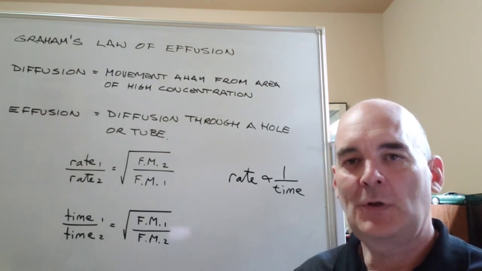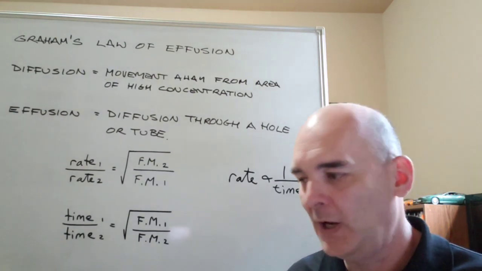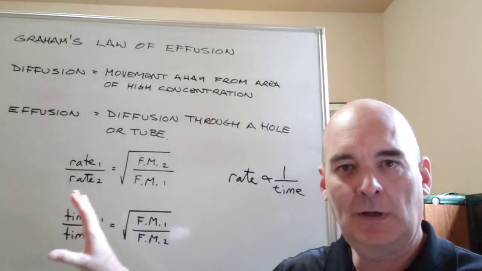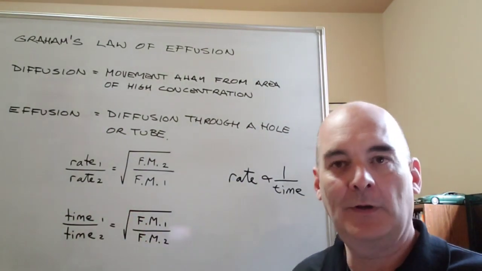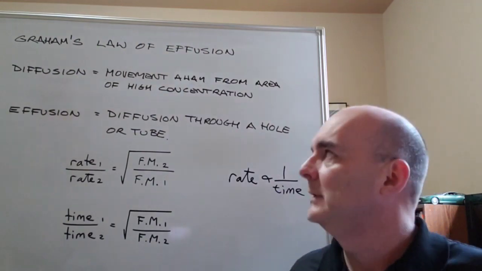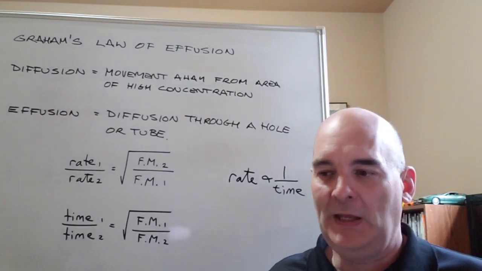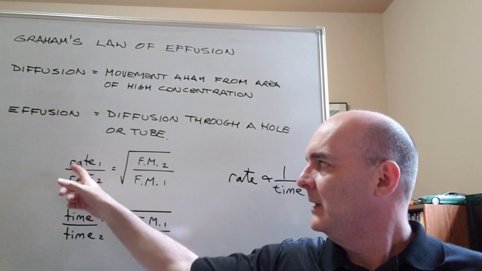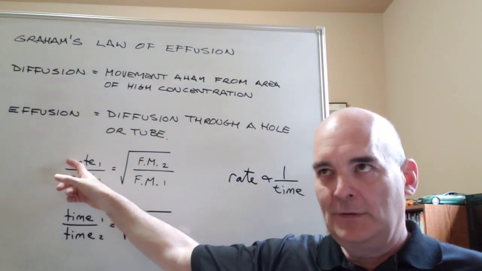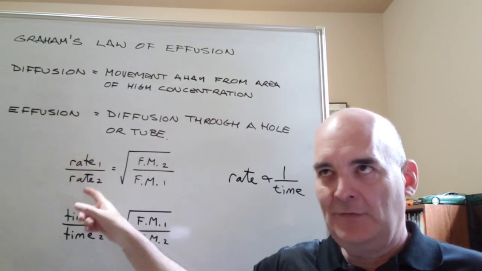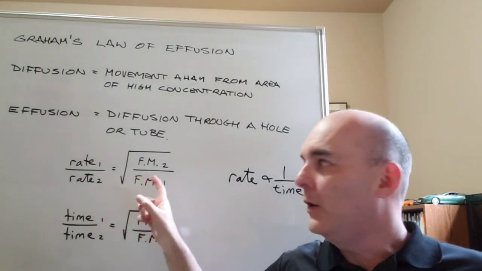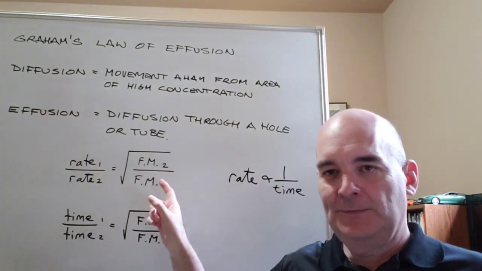Causing diffusion to happen through a tube or a hole allows us to measure the difference from one side to the other of an experiment. And this has allowed us to get to Graham's law of effusion, which states that the rate of effusion for two gases, one divided by the other, is equal to the square root of their formula masses.